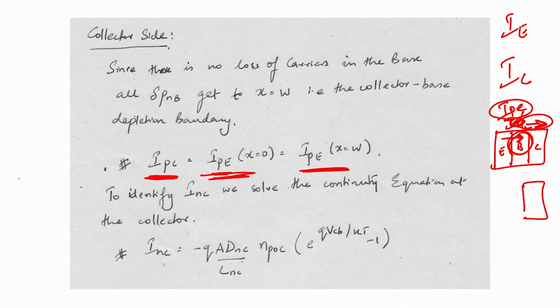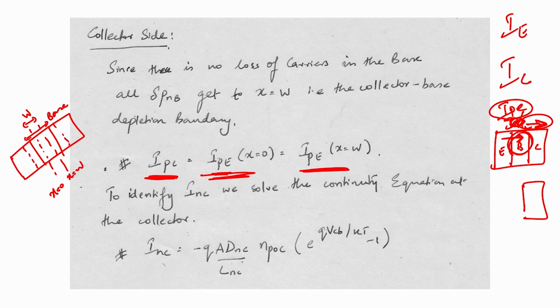Okay. So, what this means is, just to reiterate. You had your x equal to 0 boundary, and that is my x equal to W, that is the base width, okay. This is the base, and you have your depletion boundaries here.